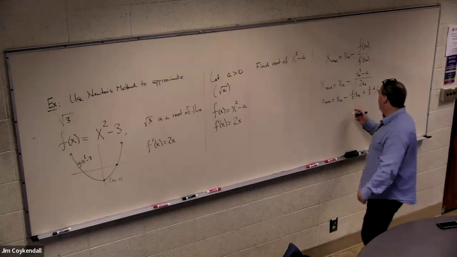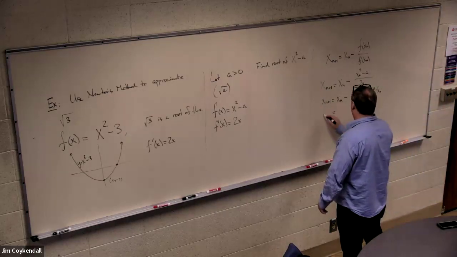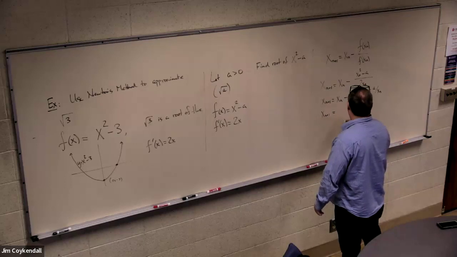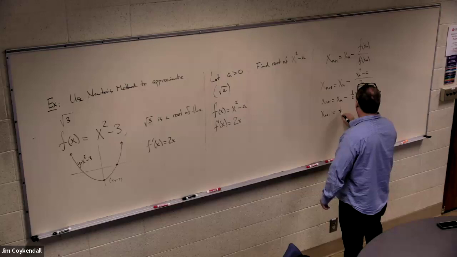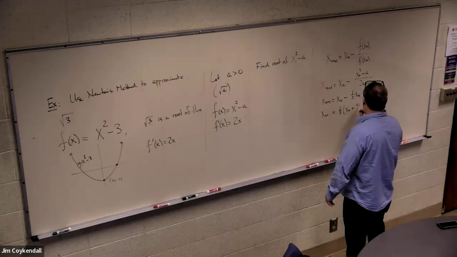So notice that's 1/2 xn. So I get 1/2 times xn plus a over xn.